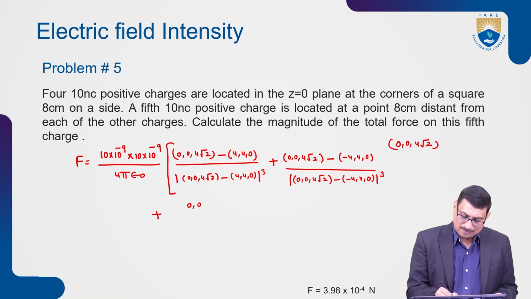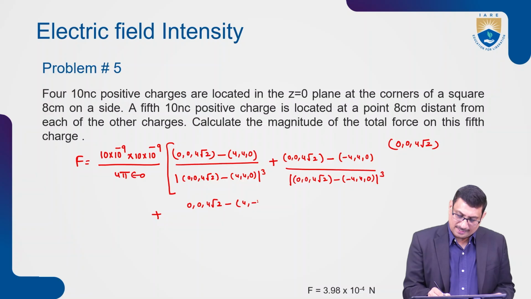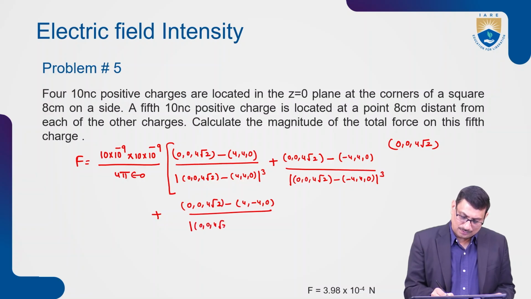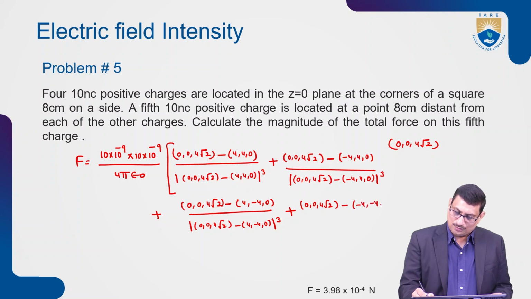Again 0, 0, 4 root 2 minus the other one, 4, -4, 0, divided by the magnitude of (0, 0, 4 root 2 minus 4, -4, 0) whole cube, plus again the fourth charge, 0, 0, 4 root 2 minus -4, -4, 0, divided by the magnitude of (0, 0, 4 root 2 minus -4, -4, 0) whole cube.